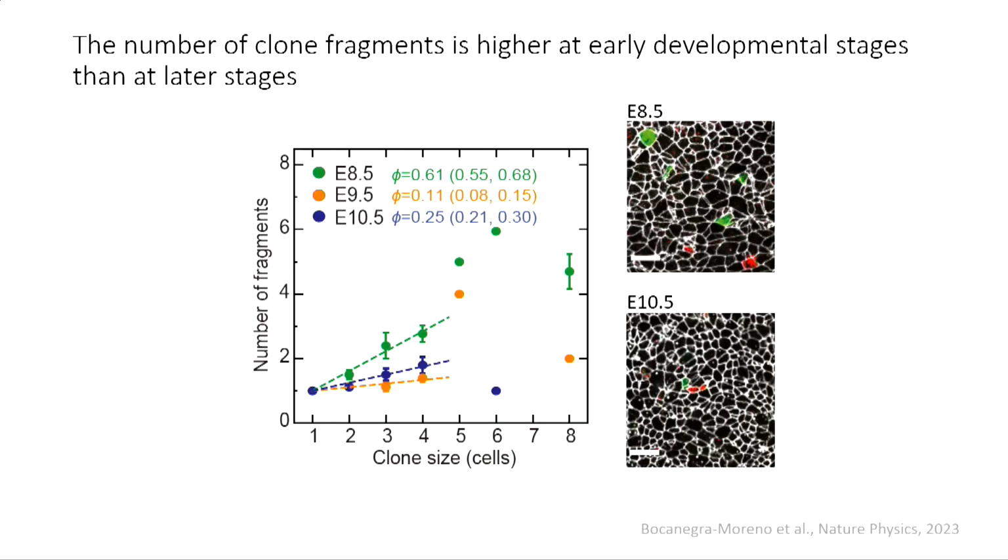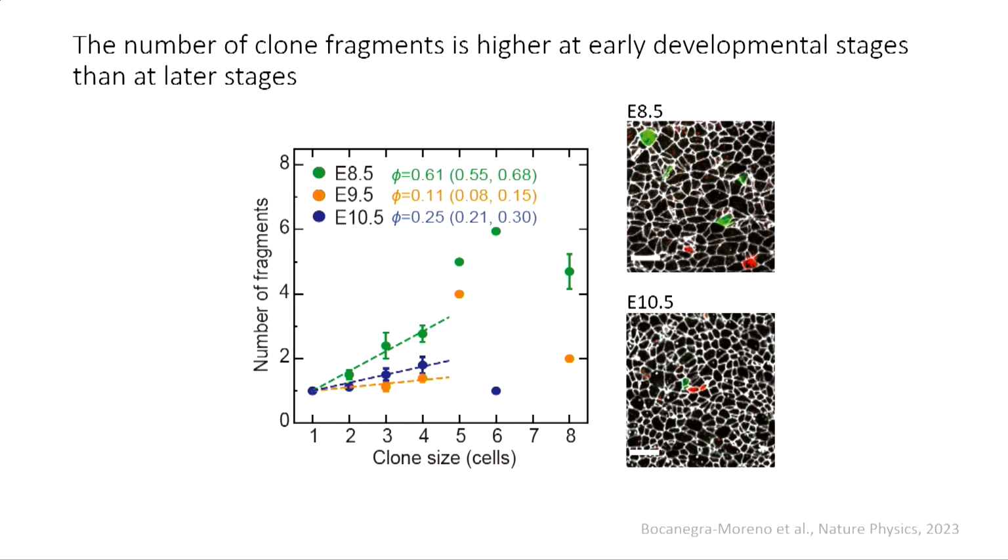If we now quantify the number of fragments that result from a single clone, we got this relation where here you see the clone size and here the number of fragments. Early stages are here in green, and to quantify that, we take the linear fit and call it the fragmentation index, which was high at early stages, low at later stages.